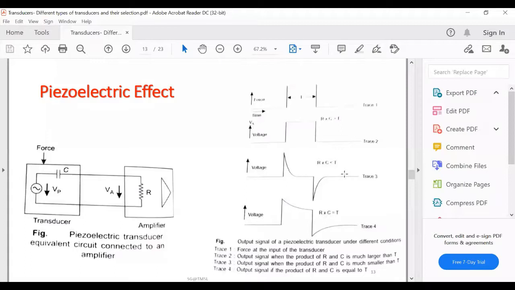And if the product R and C is of the same order as T, the resulting voltage is a compromise between the extremes of the two previous traces. Okay, that is a compromise between these two traces, trace 2 and trace 3.